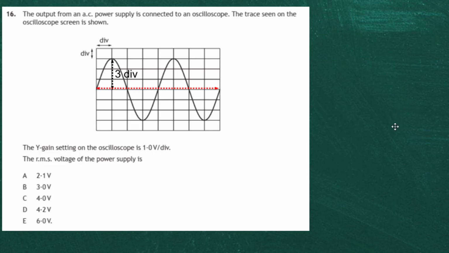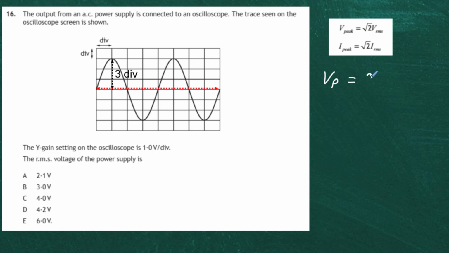Let's go to our Higher Physics relationship sheet, and you can see that the peak voltage is root 2 times V RMS. So we can see from the diagram we have a peak voltage of 3 volts. So our peak voltage, V peak, is going to equal 3 volts.